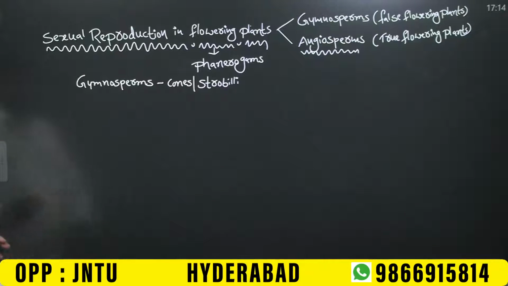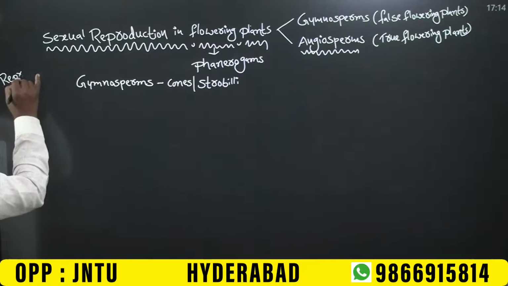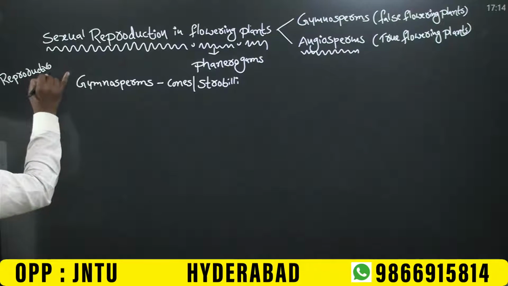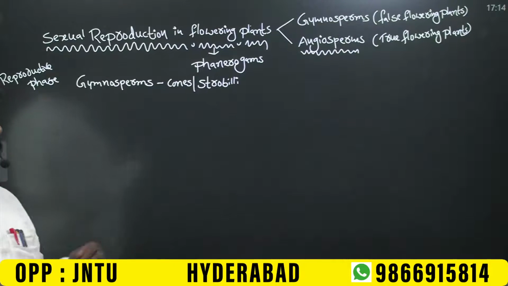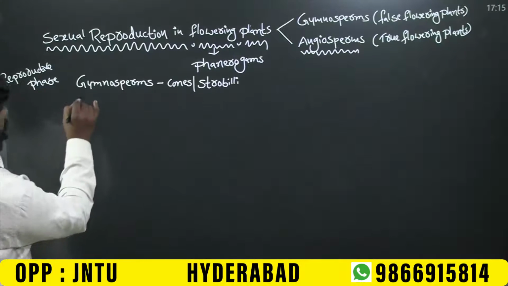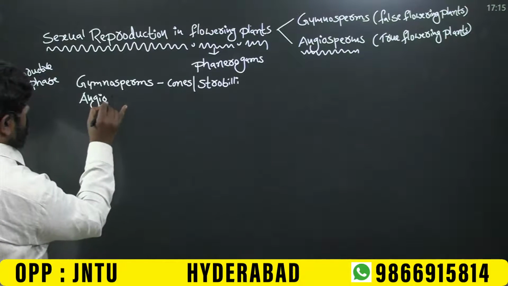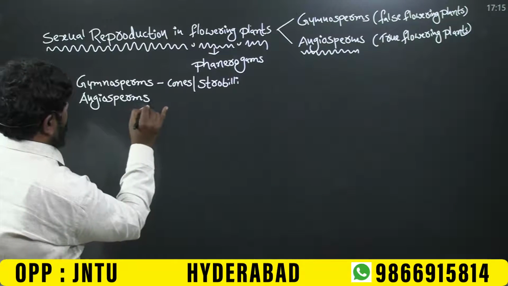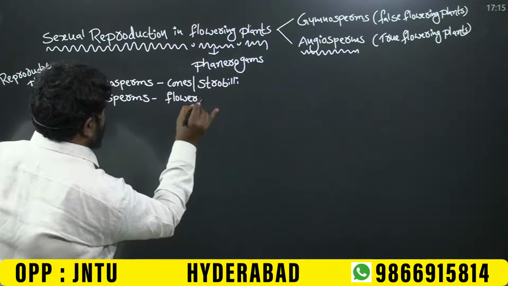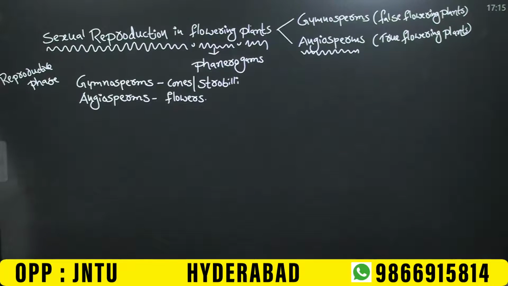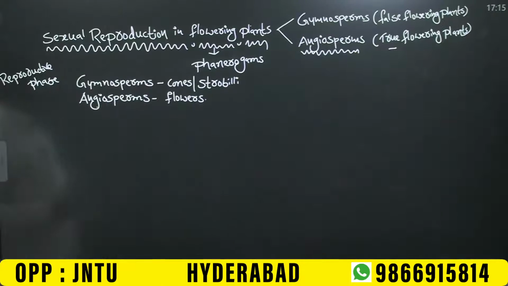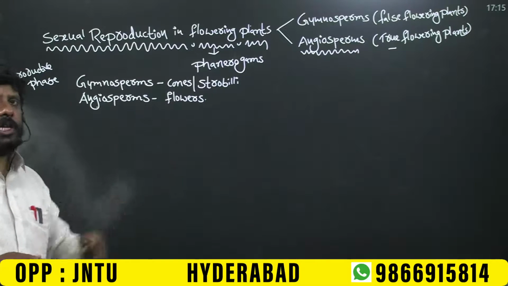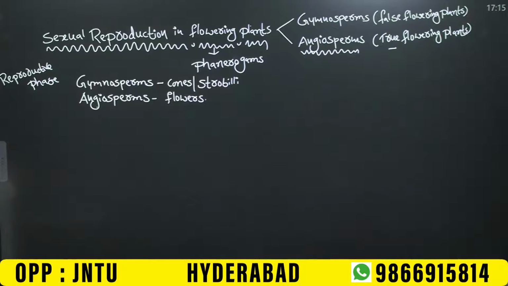During the reproductive phase, gymnosperms produce the cones or strobili, whereas angiosperms directly produce the flowers instead of cones or strobili. That's why angiosperms are considered as true flowering plants, and gymnosperms are considered as false flowering plants.